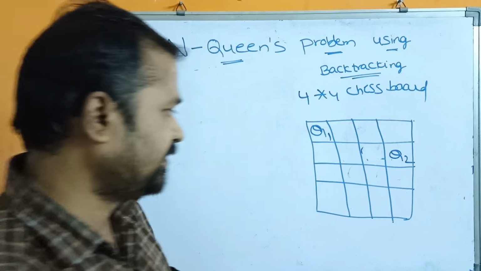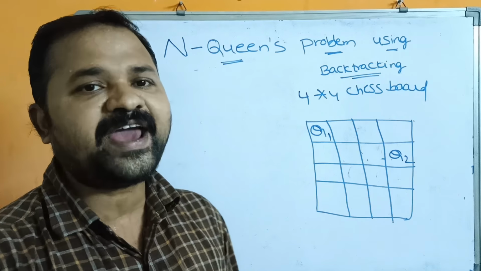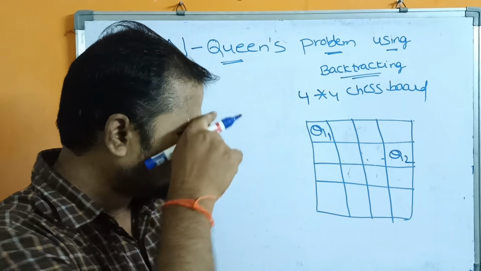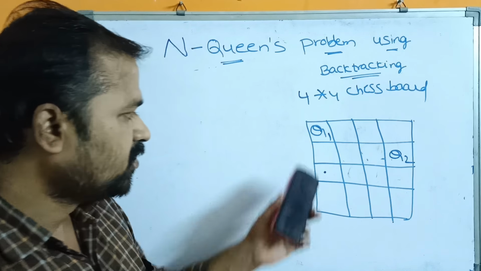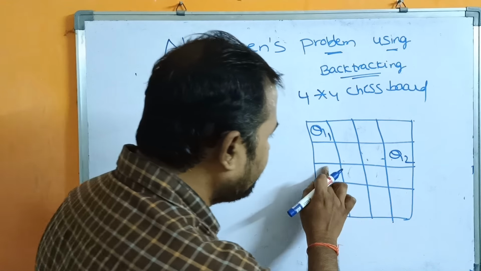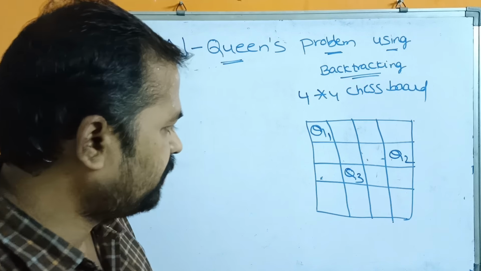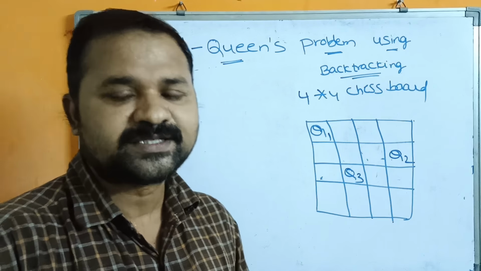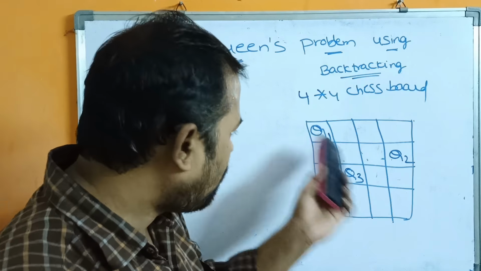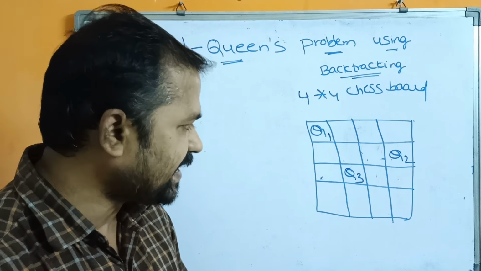Next, let us find out the position for Q3 in the third row. Can we place Q3 here? No. Why? Because same column. Next, can we place Q3 here? There is no problem. Why? Because Q1 and Q3 are not on the same row, not on the same column, and not diagonal elements. Likewise, Q2 and Q3 are not under attack.